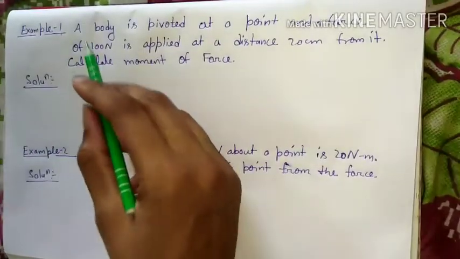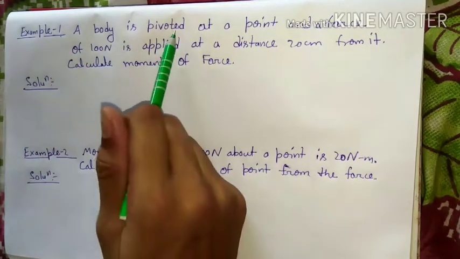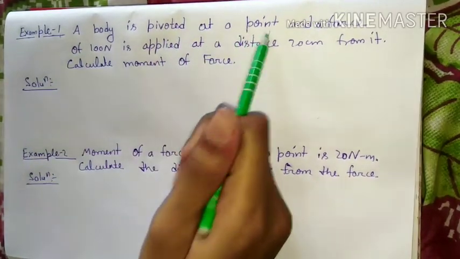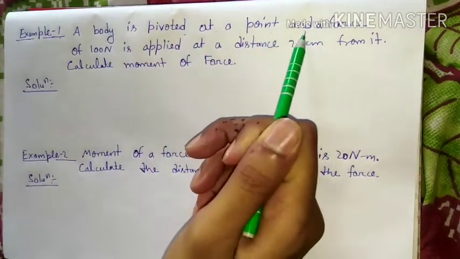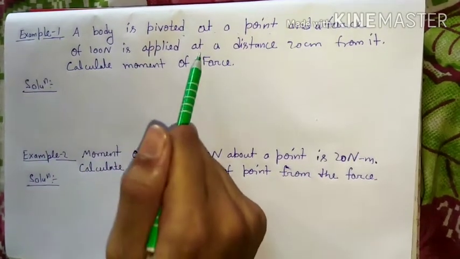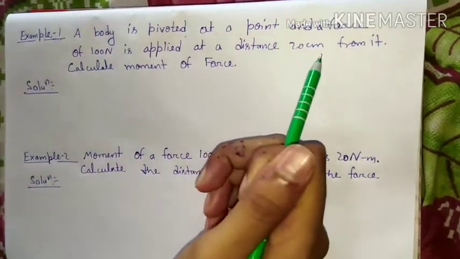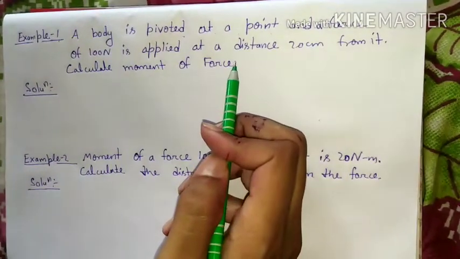There are some examples of moment of force. The first example: a body is pivoted at a point and a force of 100 Newton is applied at a distance of 20 centimeter from it. Calculate the moment of force.